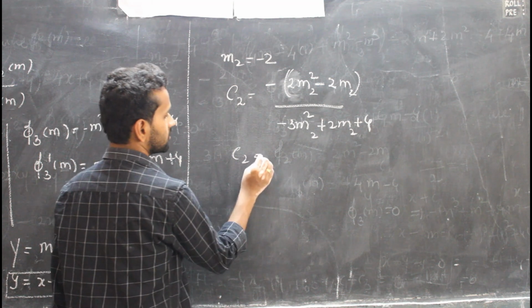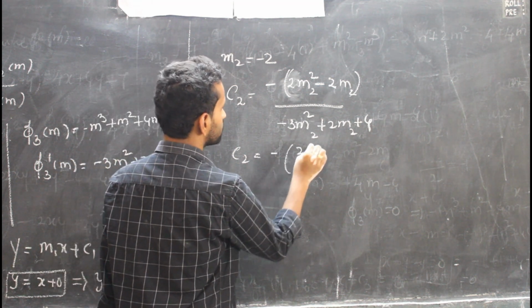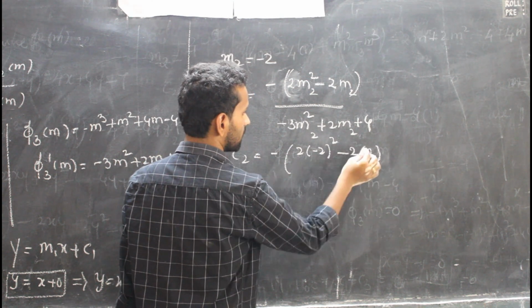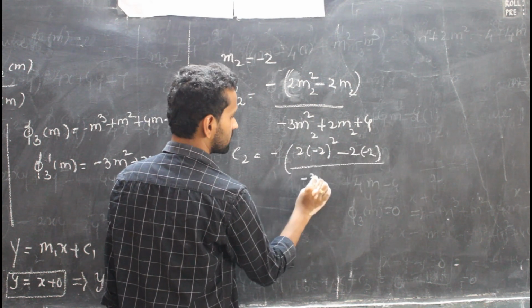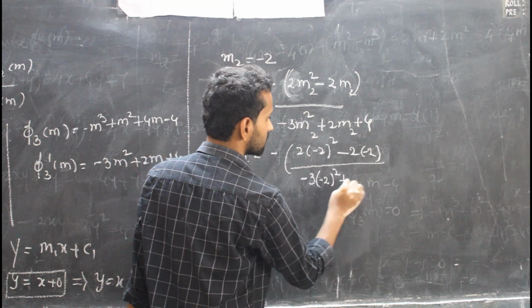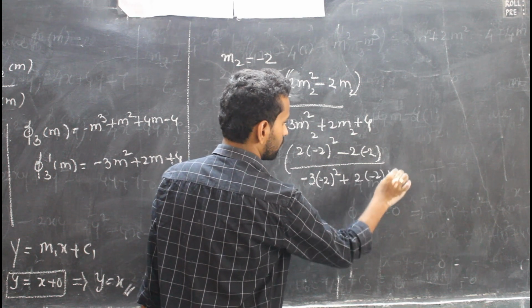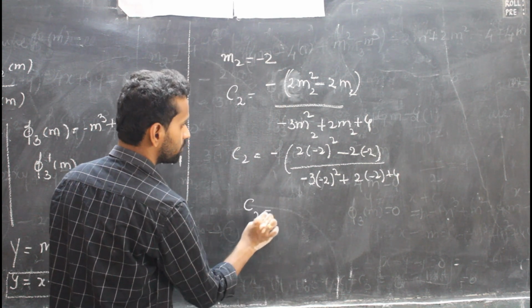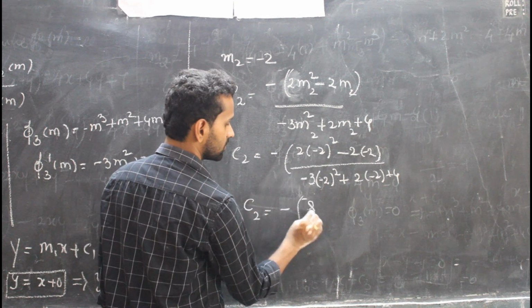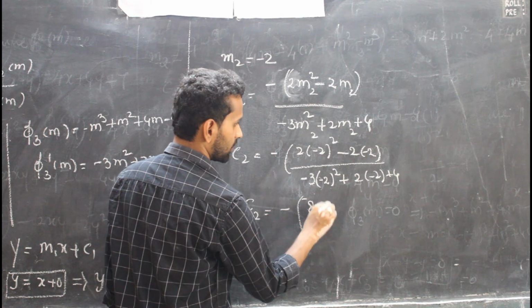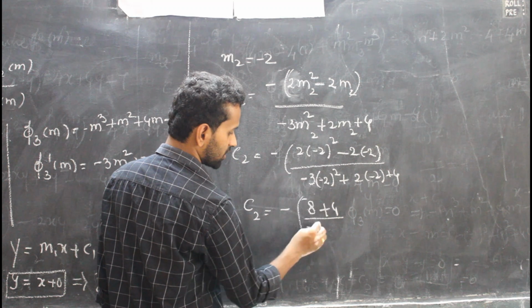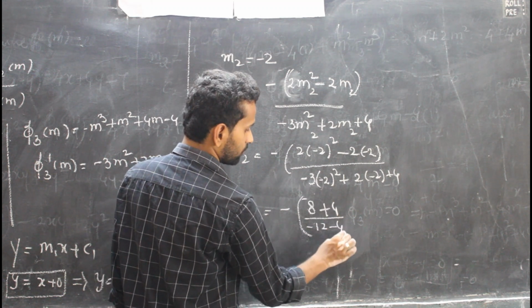So c2 will be minus of 2 into minus 2 whole square minus 2 into minus 2 divided by minus 3 into minus 2 whole square plus 2 into minus 2 plus 4. On simplification, the numerator will be 8 plus 4, and the denominator is minus 3 into 4, that becomes minus 12 minus 4 plus 4.